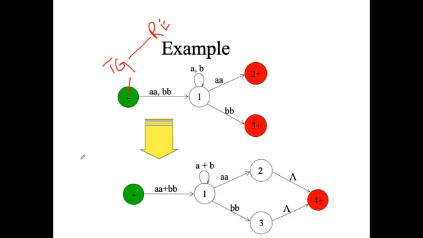Now let's follow step number 1. In step number 1, we create a unique initial state and a unique final state. There is one initial state, so no need to convert anything, and we create one final state and connect them by lambda transitions.